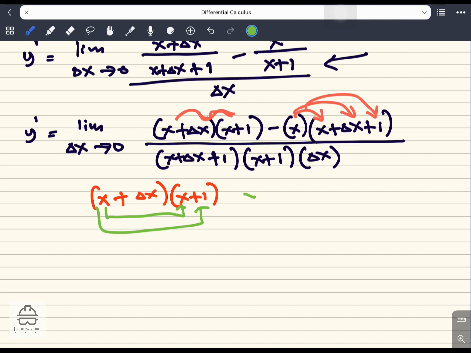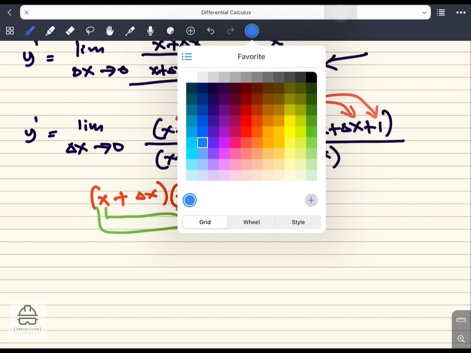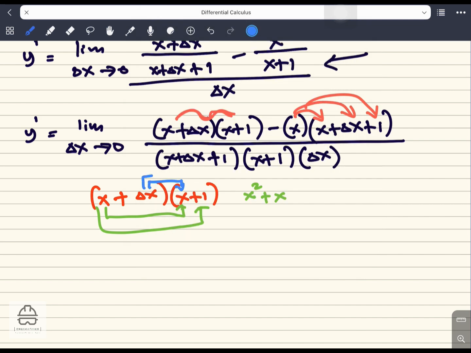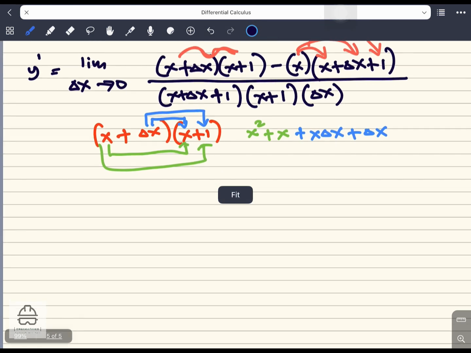That would be x times x is x squared plus x. Okay, next is delta x times x and delta x times 1. So that would be x delta x plus delta x.